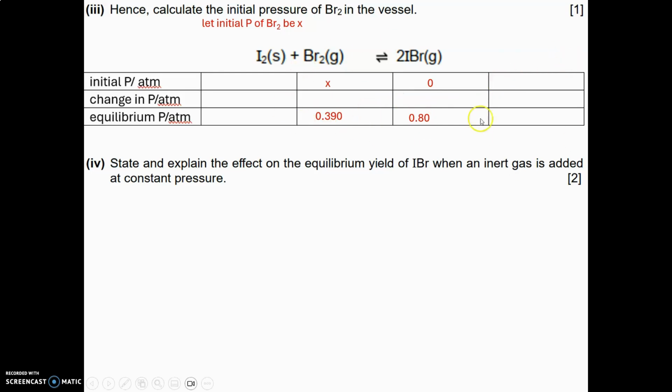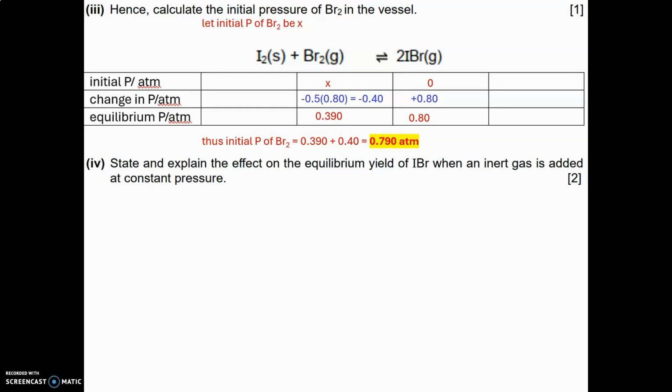So we can calculate the change in partial pressure of IBr as plus 0.80. Using this, the change in partial pressure of Br2 is negative half of 0.80, which is negative 0.40, which means that your initial partial pressure of bromine will be your equilibrium pressure plus the change in pressure, which is 0.790 atmospheres.